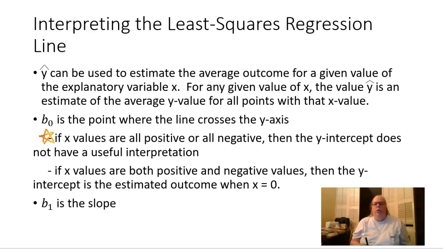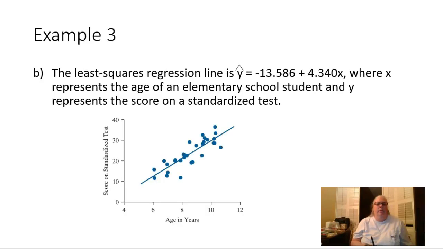If the x values are all positive or all negative, then the y-intercept does not have a useful interpretation. If we take a look down here at the x-axis, our lowest value is 4. And we look at our data, and we don't have any data that goes past 4.